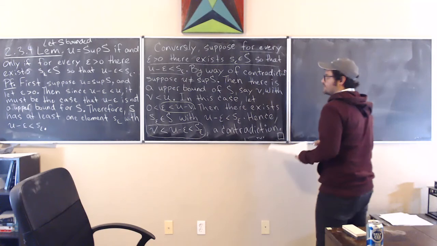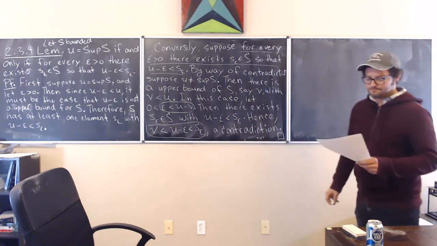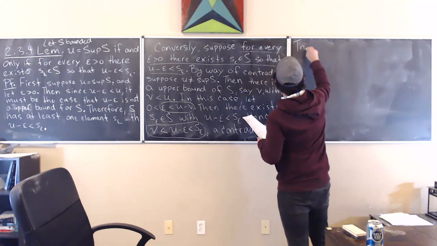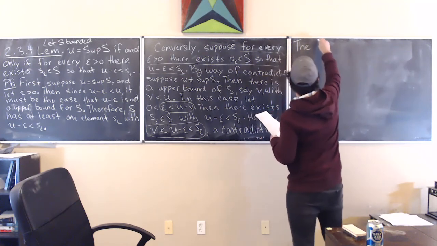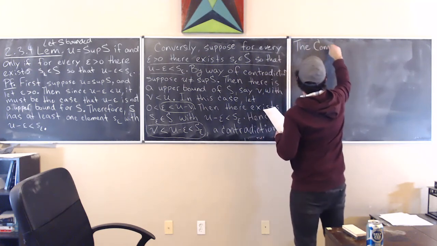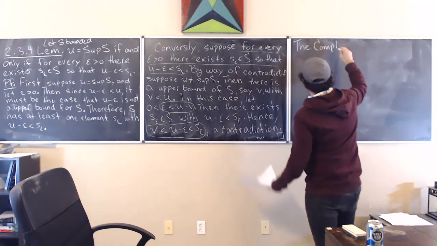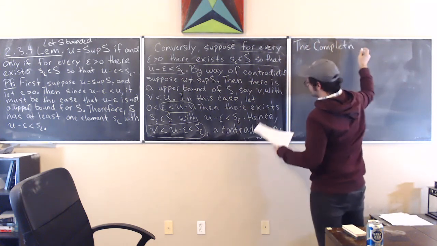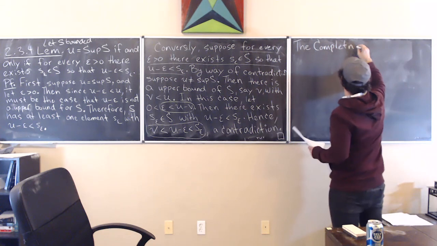Let's go ahead and write out now the completeness property of R. So we don't have the tools to prove this property, but it's important that we note it because it's going to be used in many of our subsequent arguments in sections that we're going to cover.